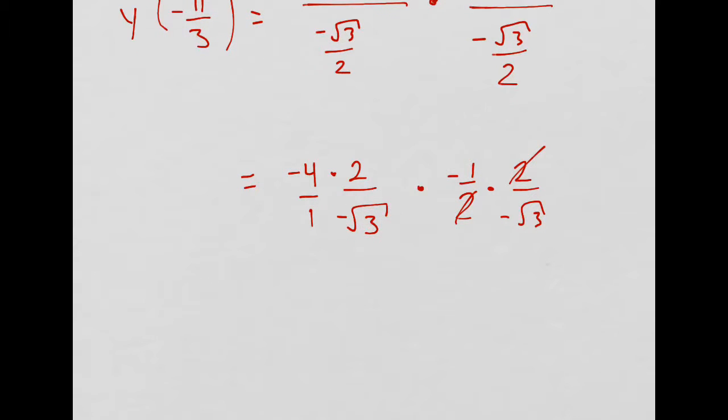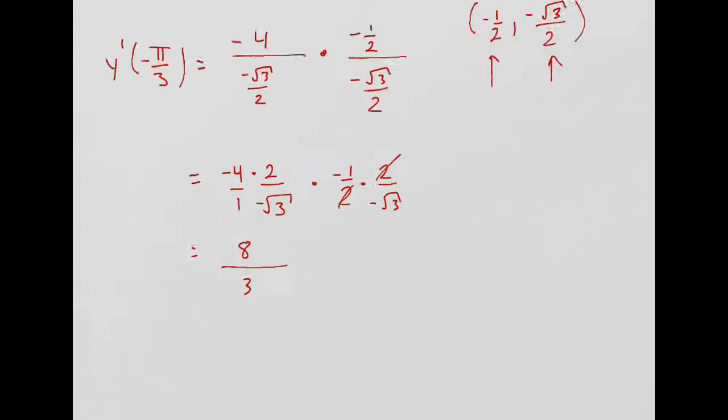Let's simplify it a little bit. I'm just multiplying all the way across. Let's just do that. So this will be negative 8, so negative 8 and then positive 8. So that's 8 over, and then 1 times negative root 3 times negative root 3. That's just regular 3, because the radical will go right and the negative will go away.